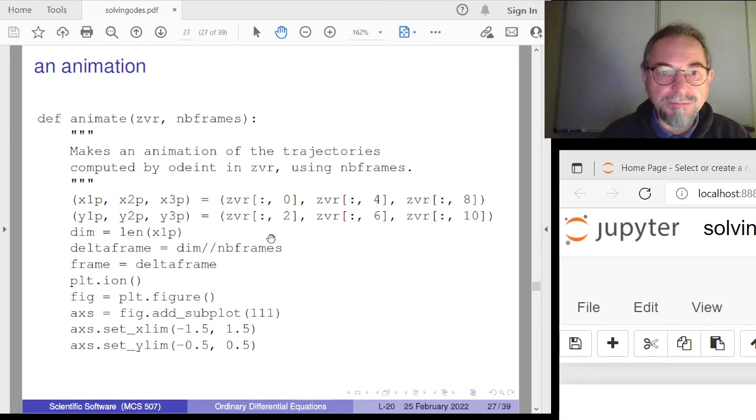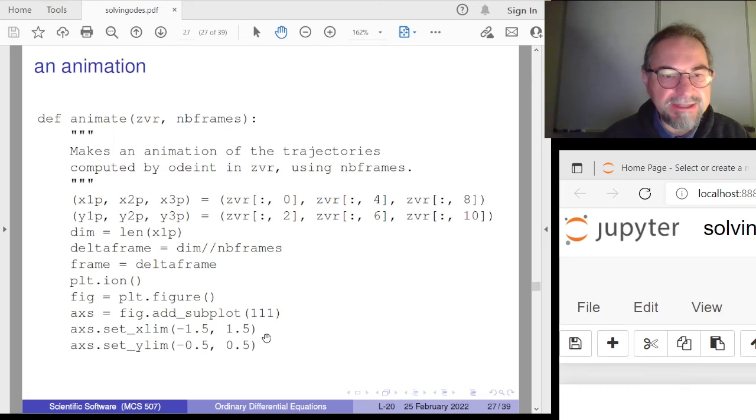So we have a number of frames. The entire dimension, I guess, was 1000, and it is split up into a number of frames. We don't want to have an animation that is this dimension long. So instead of having 1000 frames, I think I picked 30 frames. Okay, we set up the window.